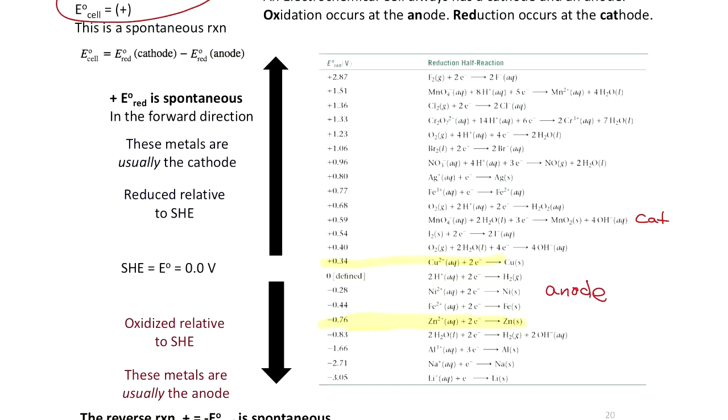Looking at these two highlighted values, how can I combine these in such a way that a positive number comes out? If copper is the cathode and zinc is the anode, then a positive number will come out. What positive number comes out? 1.1. So let's see what happens.